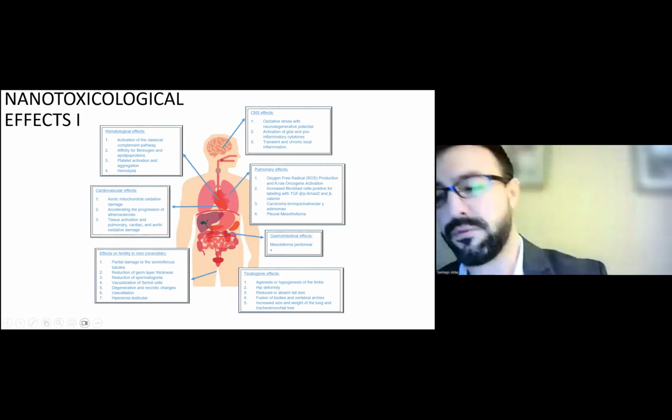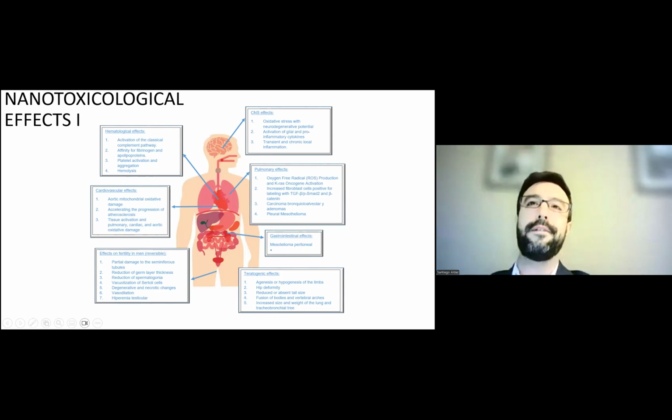But I wanted to let you know that nowadays we don't have studies that have used human models, of course. Just murine models or mice models are being used nowadays. So what is done is to extrapolate these possible toxicological effects to human beings, but we don't have human models nowadays.